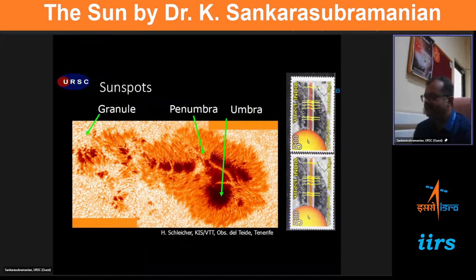The discovery of the Evershed flow happened in India, and to commemorate the 100 years of the Evershed effect, which was found sometime in 1906, our Indian postal system released this particular stamp during that period.